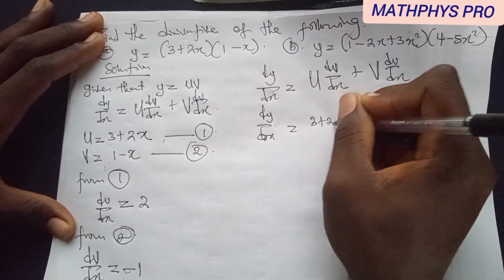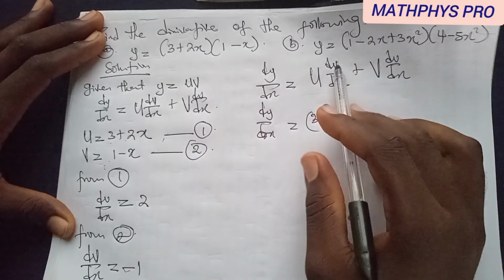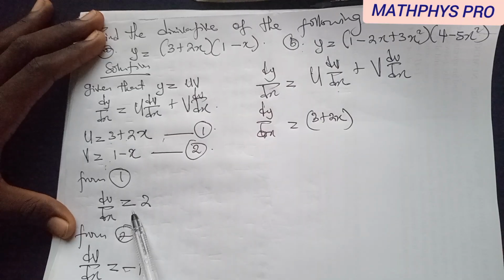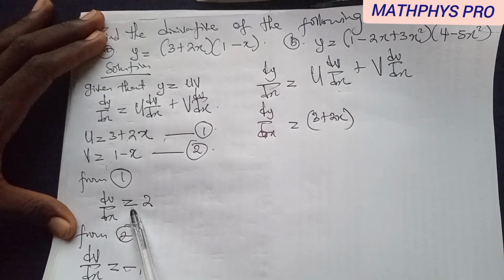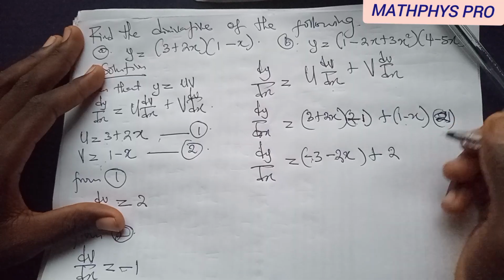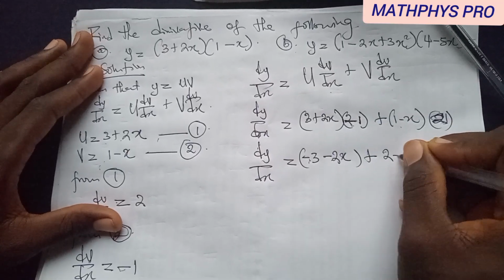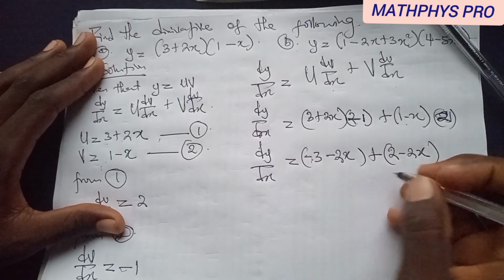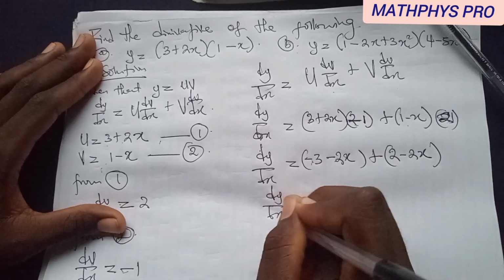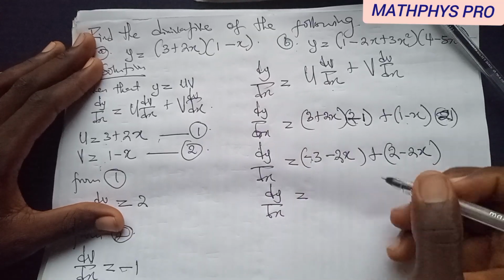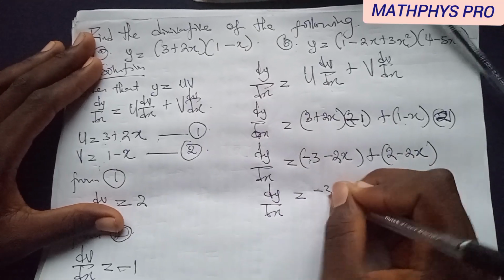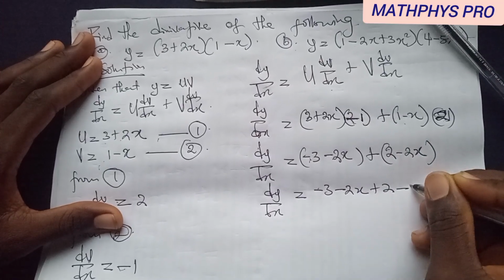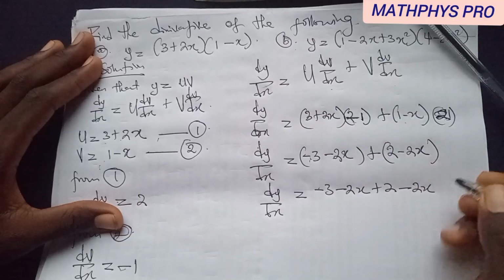And dv dx from equation 2 gives you minus 1. So dy dx will be equal to minus 3 minus 2x plus 2 minus 2x.